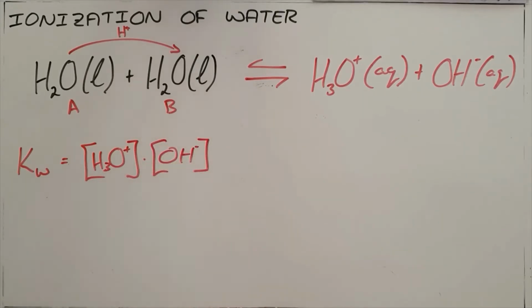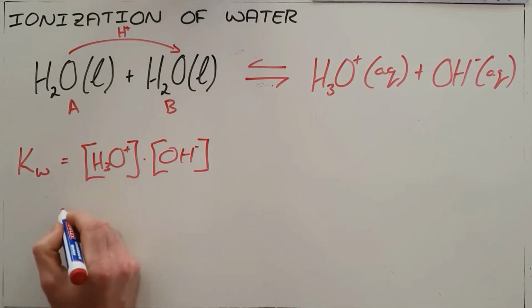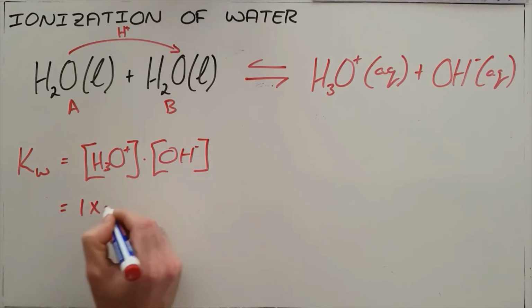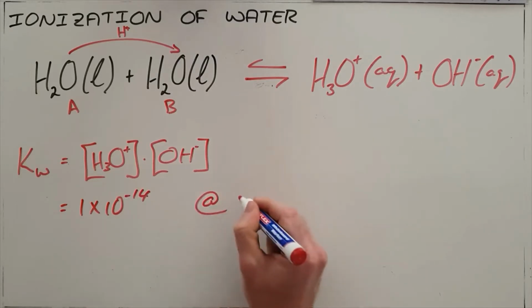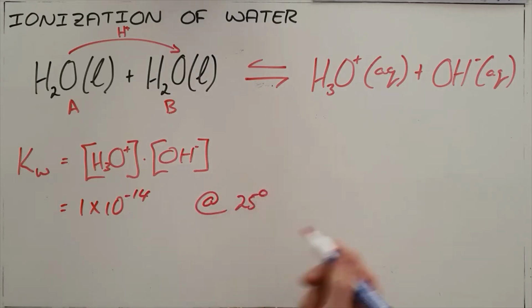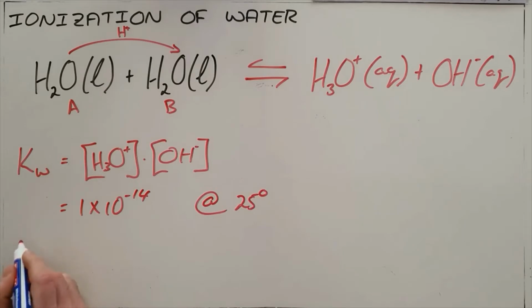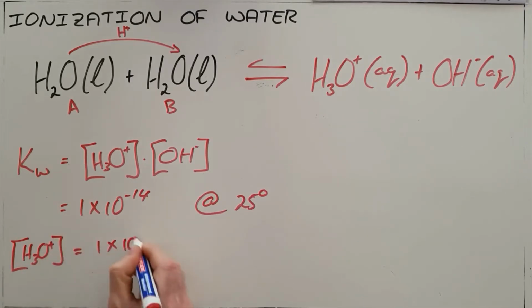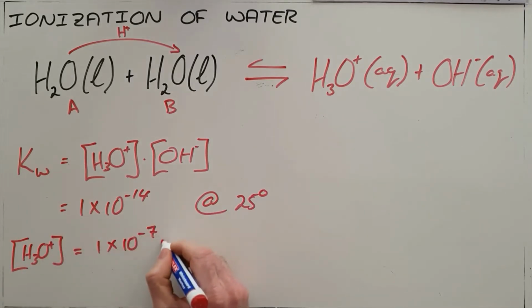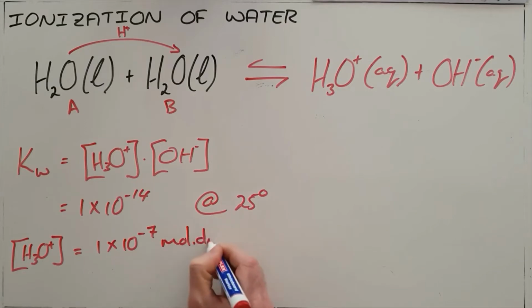And experimentally, this value is found to be 1 times 10 to the power of negative 14, and this is at 25 degrees Celsius. What this tells us is that the concentration of hydronium ions in this solution is then 1 times 10 to the minus 7 moles per cubic decimeter.